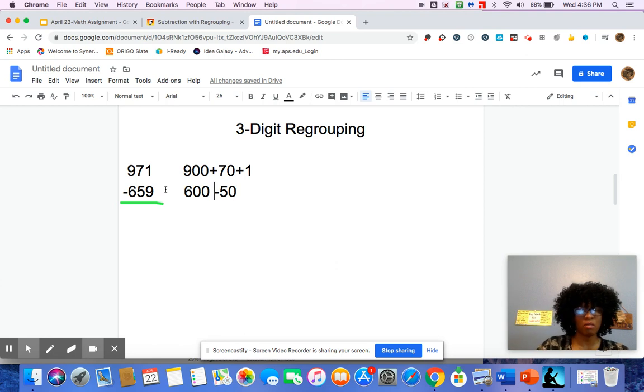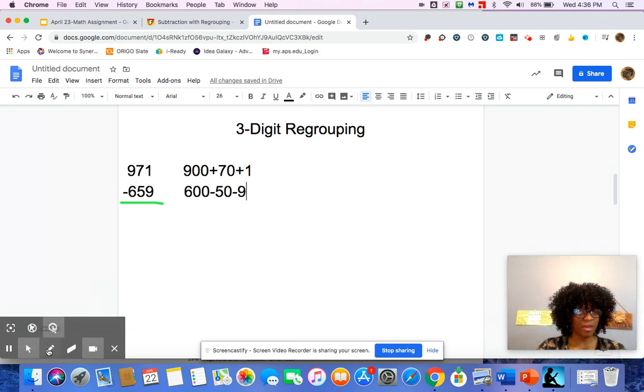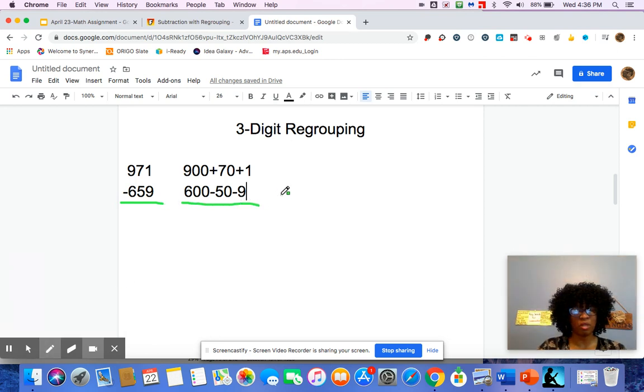And then we are also subtracting here the 9. Now you see I haven't changed anything as far as the value goes of the numbers. They're all still the same, right? So that's good. But let's look again at what we have here.